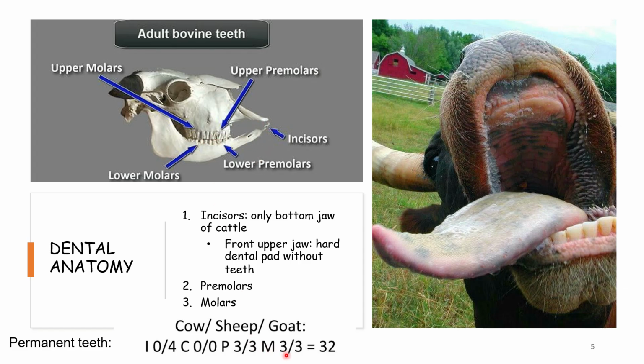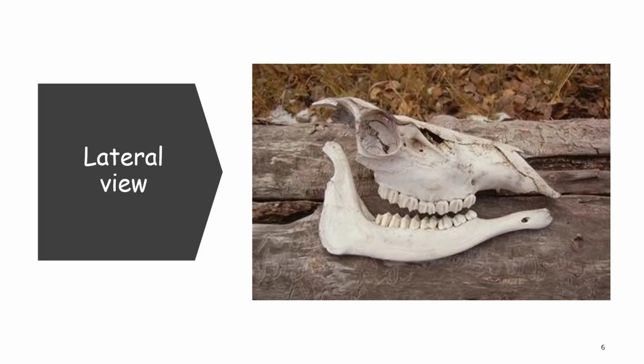So 3 plus 3 is 6, plus 3 is 9, plus 3 is 12, plus 4 is 16. 16 times 2 equals 32. So the left side has 16 and the right side has 16, total 32. This is the lateral view.